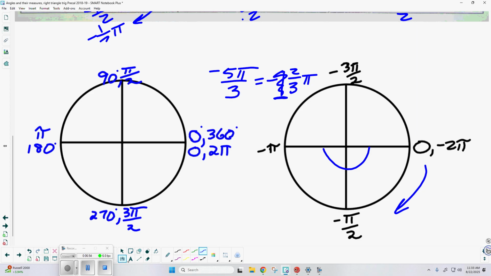How does 2/3 compare to that? It's larger. So what quadrant would this be in? This would be in quadrant 1. Because see, right here, now we're at negative 1 pi. That's what we originally wanted. So now if I continue to rotate, there's 1/2 pi, so there's 2/3 pi. So this would be negative 5 pi over 3.